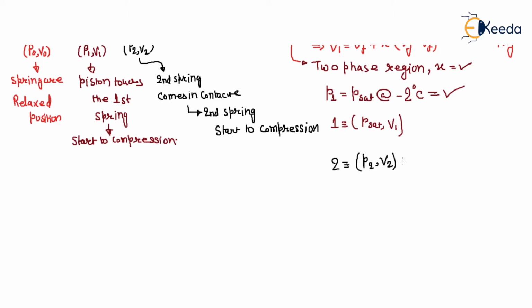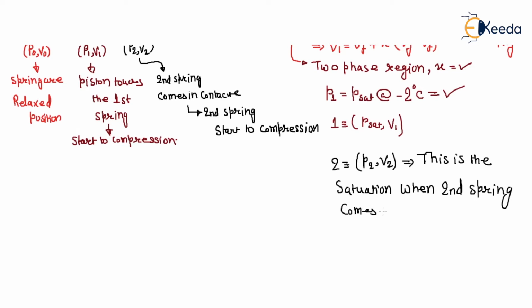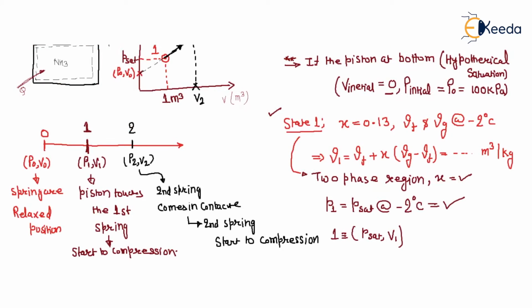So this is the situation when the second spring comes in contact, right? Now again it's continuous compression, and it reaches point 3, and at this point what is the pressure?